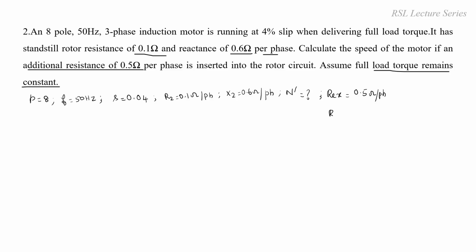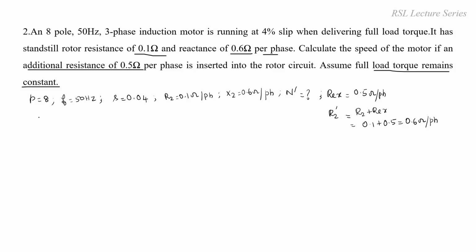Now we will have to find out R2 dash. R2 dash is the increased value of rotor resistance, so that is R2 plus REX. R2 is given as 0.1, the additional resistance is 0.5, so the total is 0.6 ohms per phase.